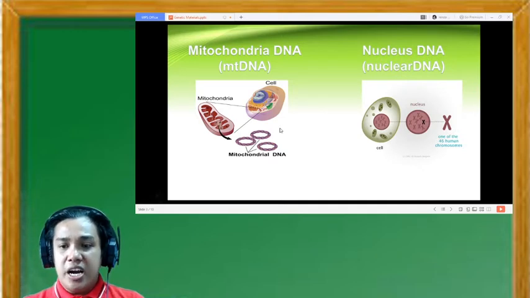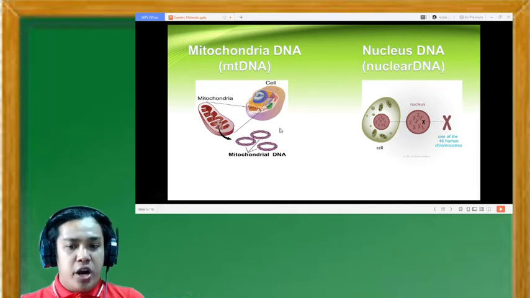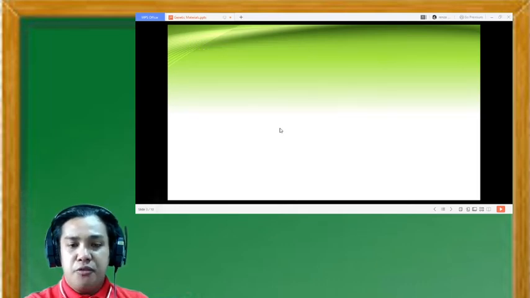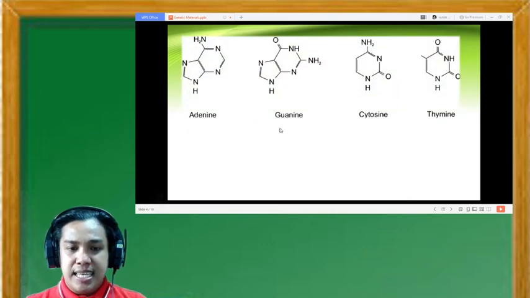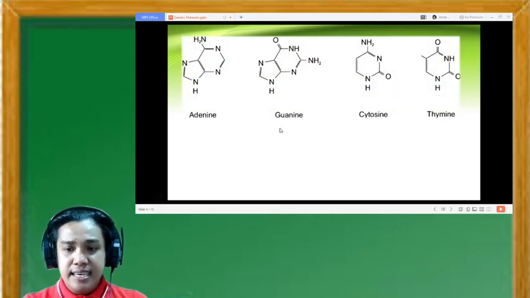Also, we can locate the DNA mostly in the nucleus, what we call the nuclear DNA. There are four DNA bases. So what are the four bases? That is adenine, cytosine, guanine, and thymine.